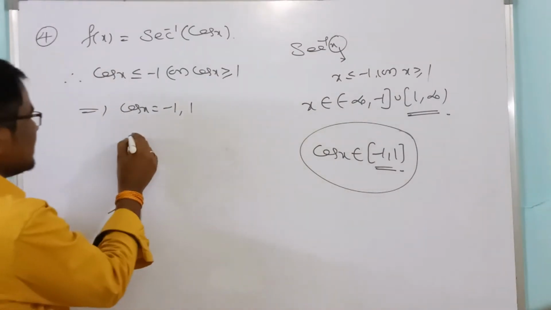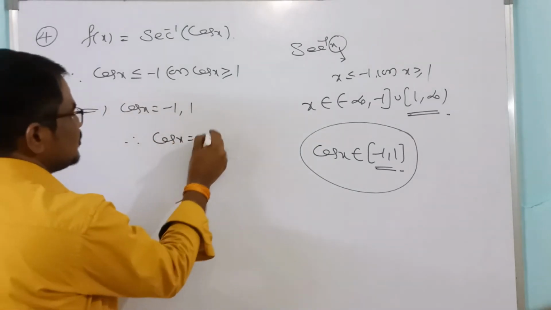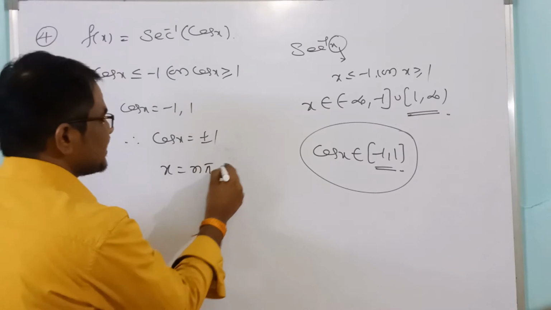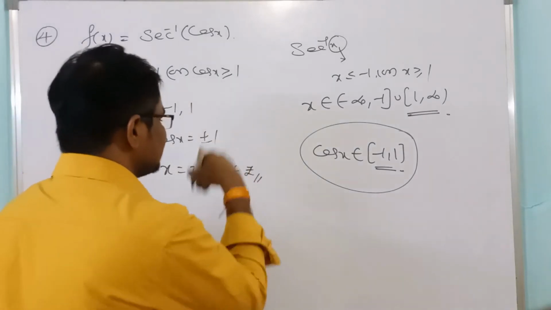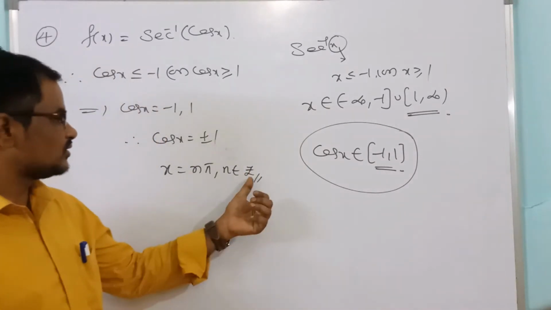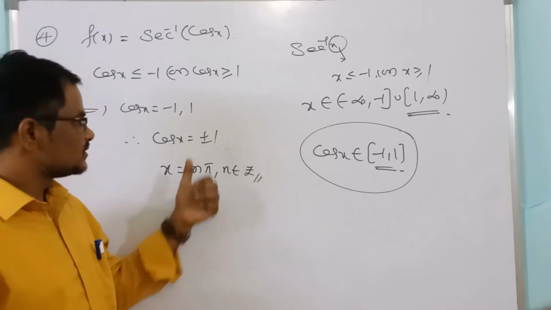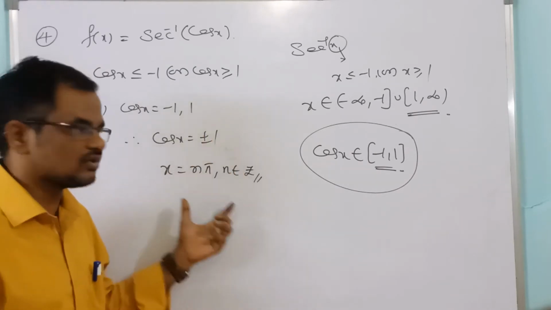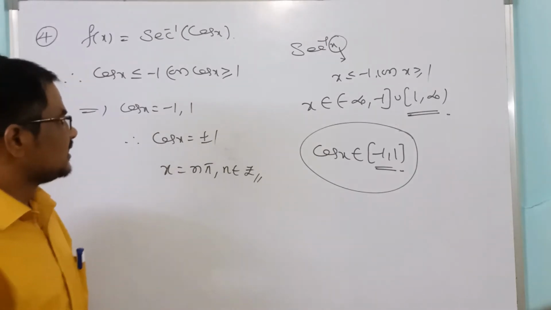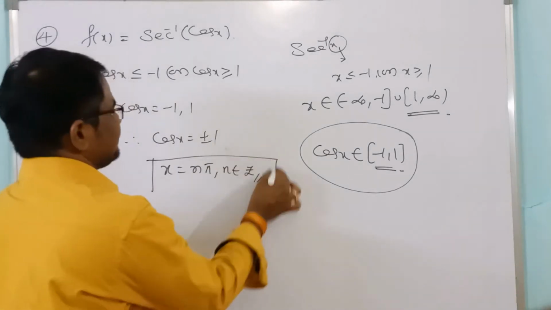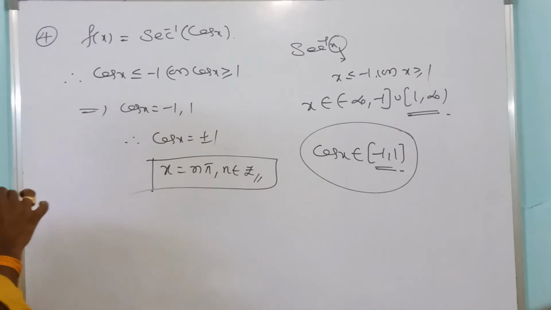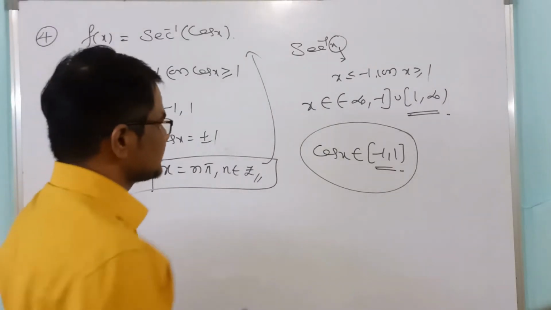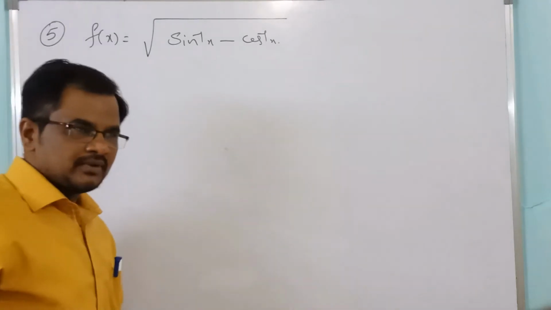Therefore cos x equal to plus or minus 1 means x equal to n pi, n belongs to integers. So n equal to 0 gives 1, n equal to 1 gives minus 1, n equal to 2 again 1, like that. So all the values you will get. So this is the domain of the given function, right?